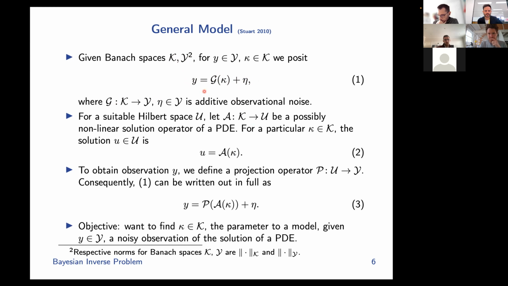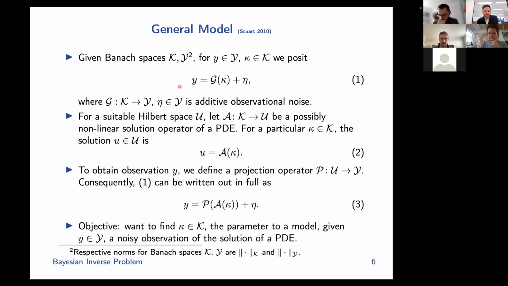And then, to build a PDE model into this, we choose a suitable Hilbert space U, and then we have a solution operator A, which is a map from the parameter space to the space U, and for a particular parameter kappa in the curly K, the solution is given by this operator A. To map it into the observation space, we define a projection operator which maps from the U space to the observation space.